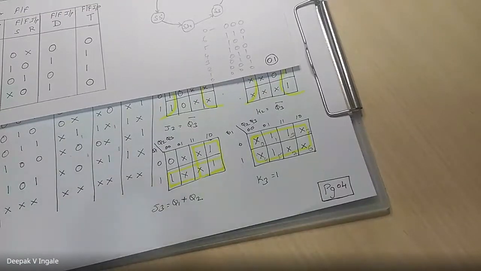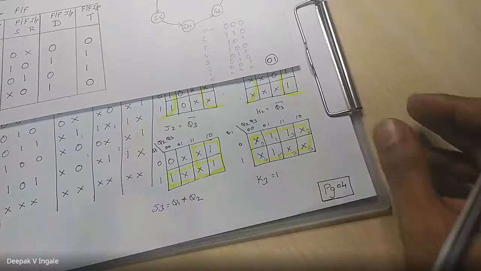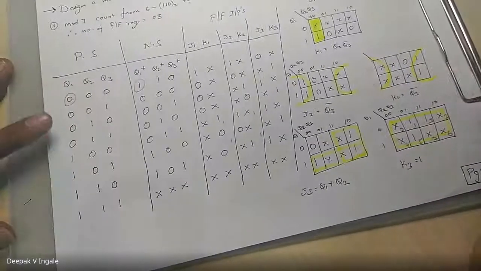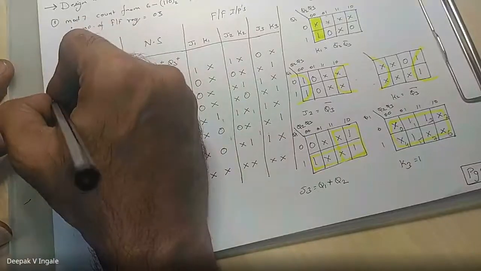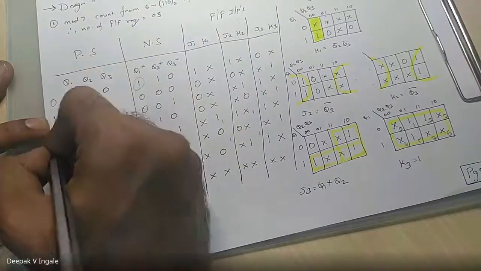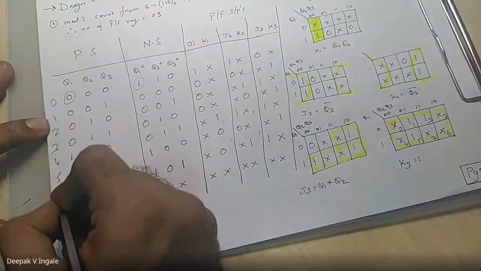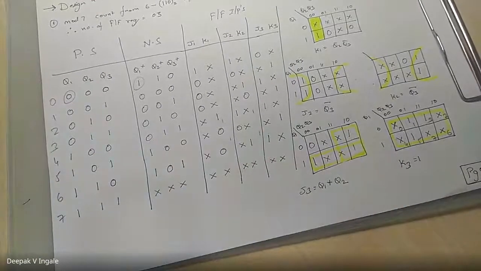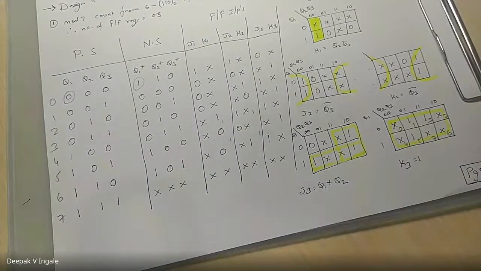A few fractions of a second. So that is why what we did is we wrote the table in such a way that it is going to be convenient. 0, 1, 2, 3, 4, 5, 6, 7. That is the difference. Okay, sir. I hope I have answered your question.